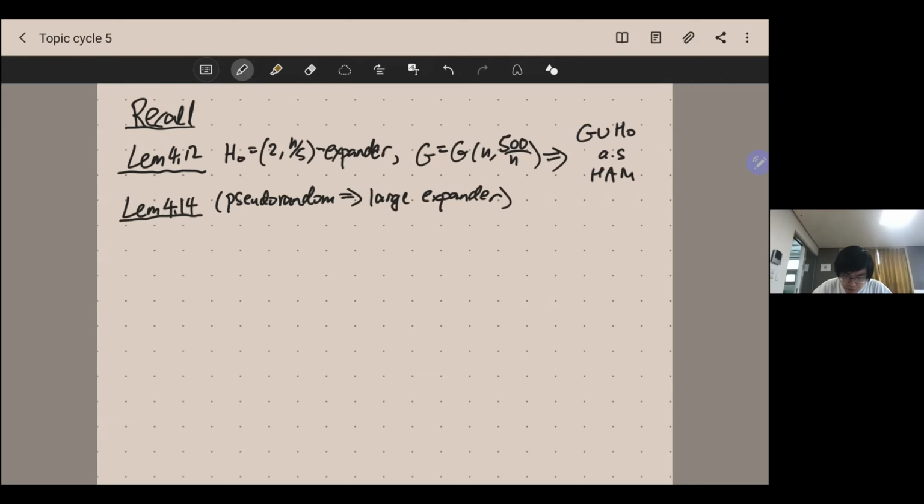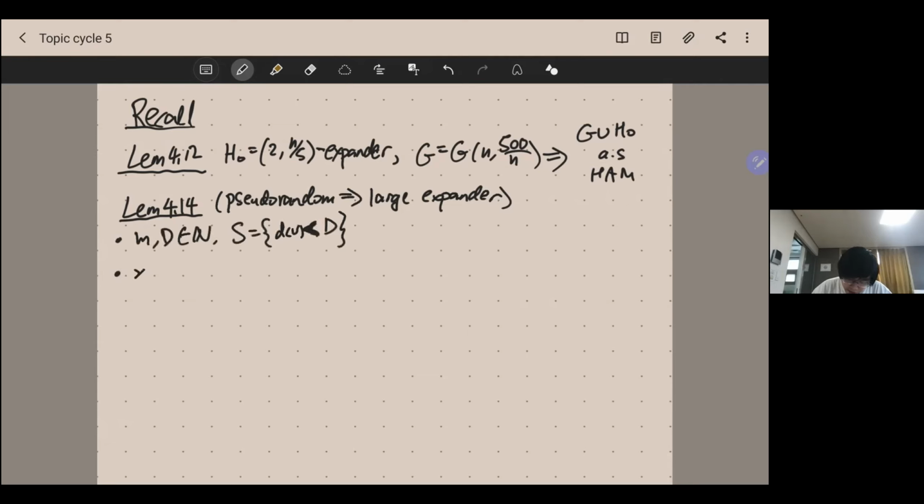I will write a shorter version because we have the formal version from last time. You have some M, D, which are integers, and S is the set of low degree vertices, where the degree is less than D. These are supposed to be the small degree vertices.